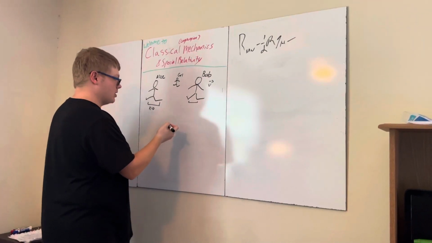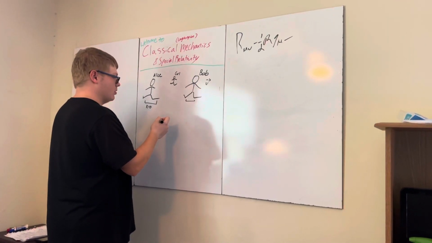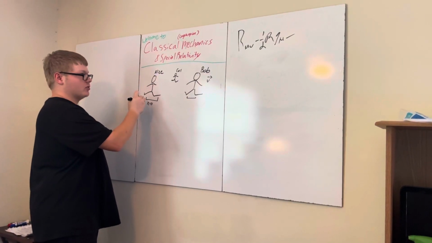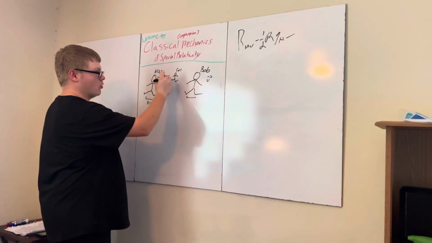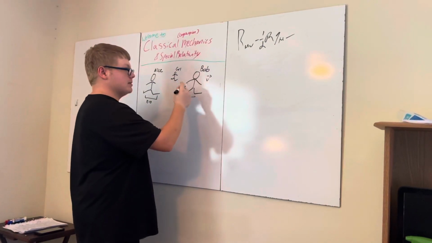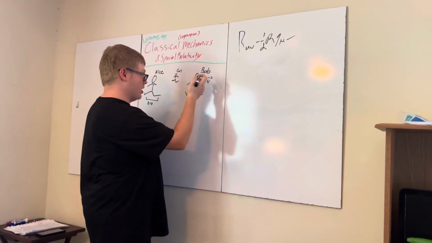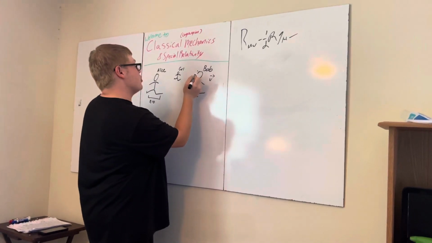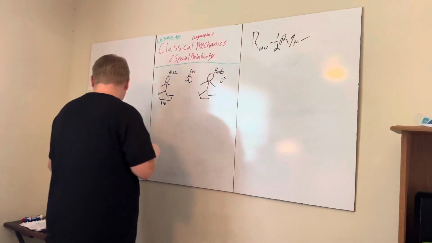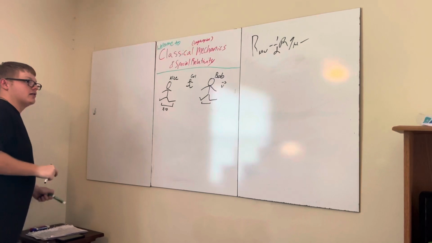What I'm about to explain is: what does Alice, the non-moving observer, measure Carl's coordinates in space and time to be, versus what does Bob, the moving observer, measure from his point of view?